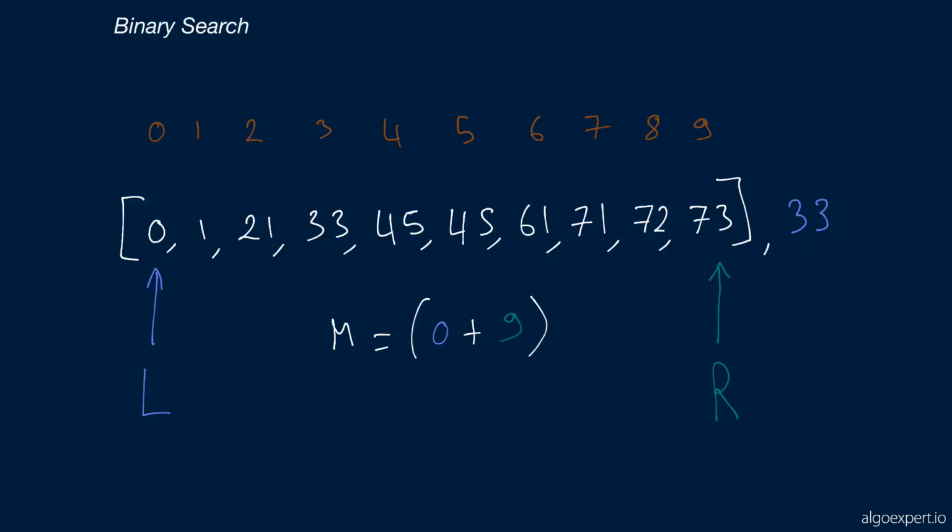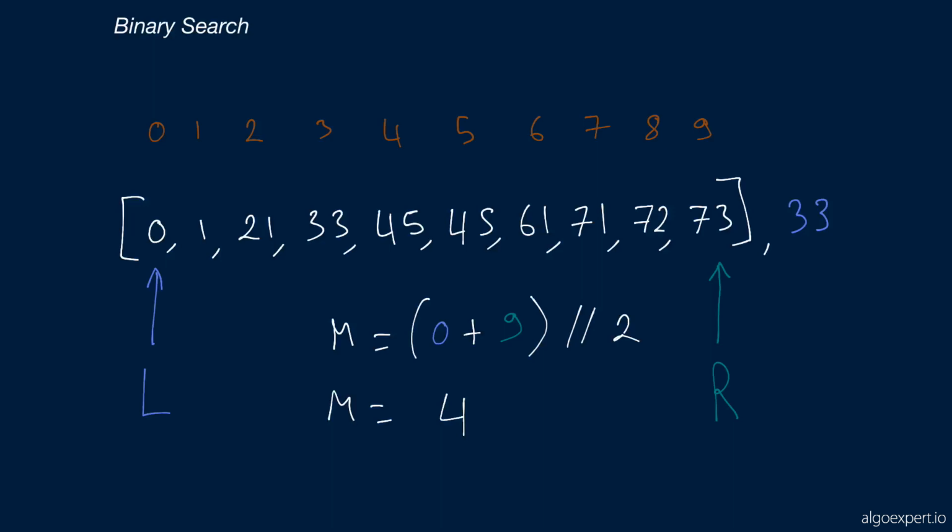I'll denote rounding down the same way we do in Python 3, which is just 2 slashes. So 0 plus 9 divided by 2 rounded down makes our middle pointer equal to 4. So we can put our middle pointer here.